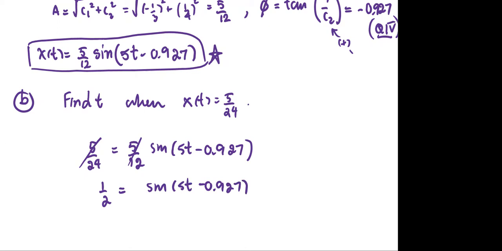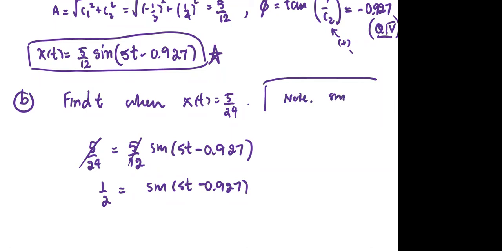Now, you're going to have to recall how to solve the trig equation. For this, you can think about the unit circle or the special angle, let's say sine, cosine, something like that.